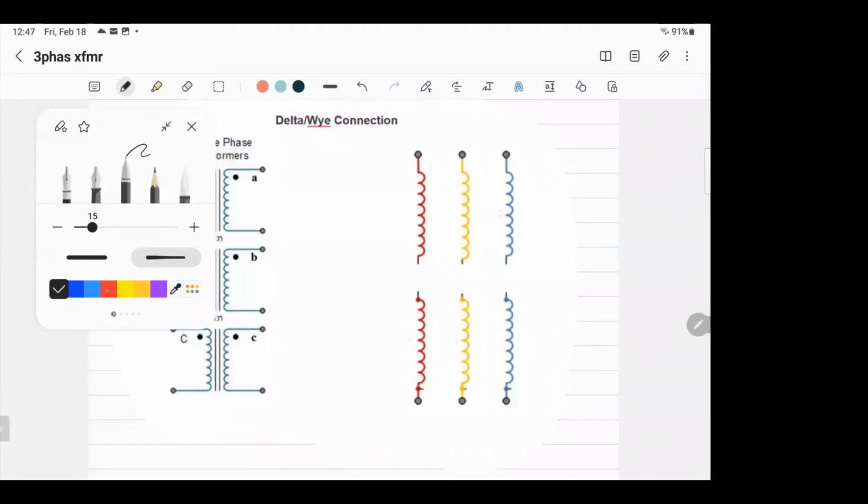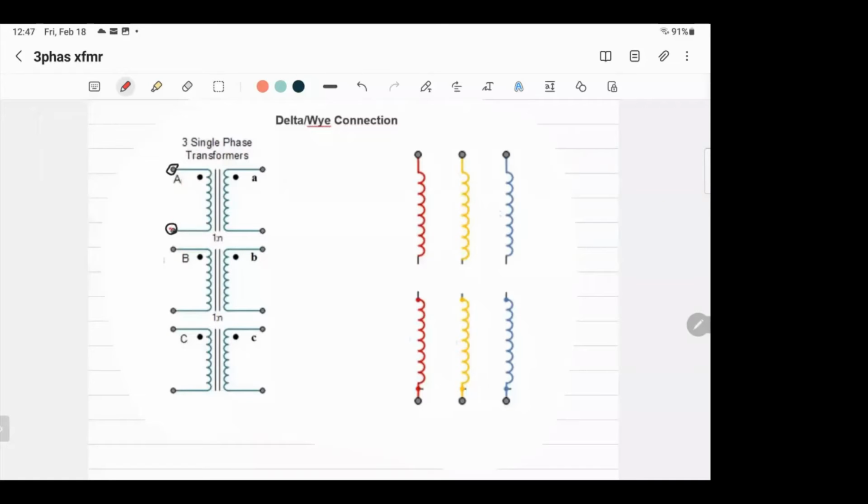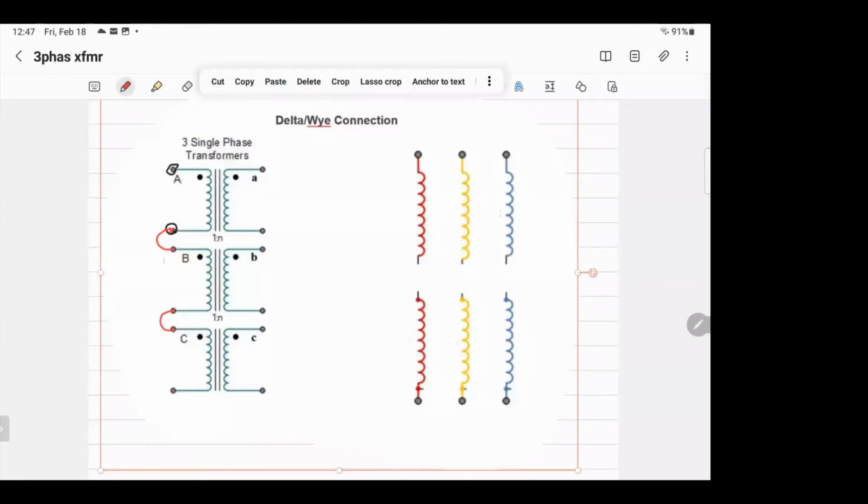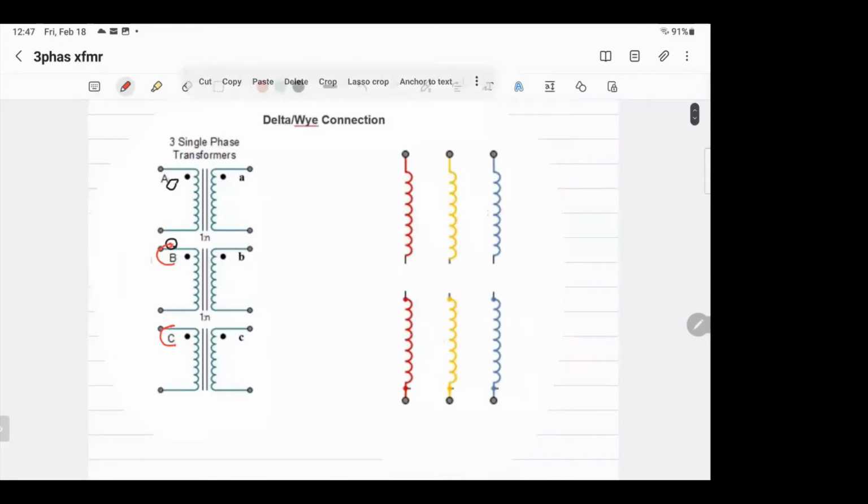Let me just do it in red. The end will be connected to the beginning of the second one, because we always assume the top is the beginning. Then the end of this one goes to the beginning of the next, and the end of this one goes to the beginning of the top one. Where is the input?